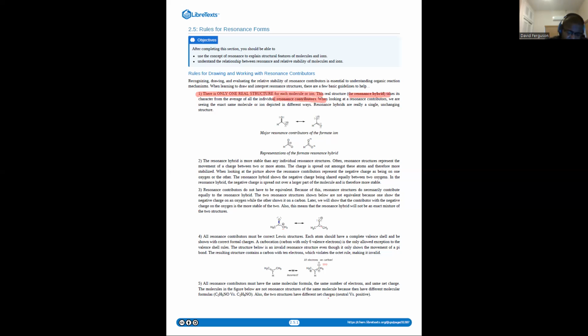If I was annotating that, the main thing, let me see. Let's see. Text. There we go. So if I was writing on this, it would be: real structure, resonance hybrid.